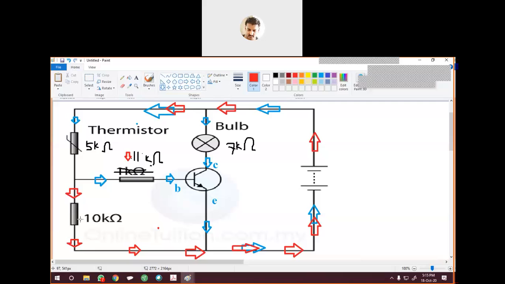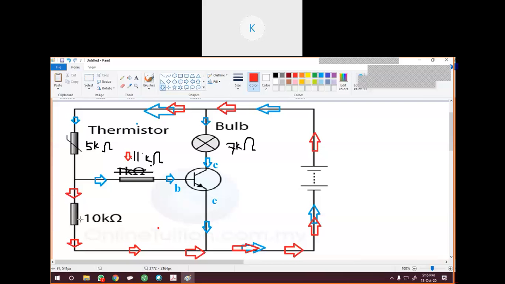Same thing. The bulb will light up as long as the one at the bottom is lower than the top one. Sir, like what Ruben said, if the bottom one is 5 kilo ohm, the top one now must be 4 in order for the bulb to light up. Correct. Okay.